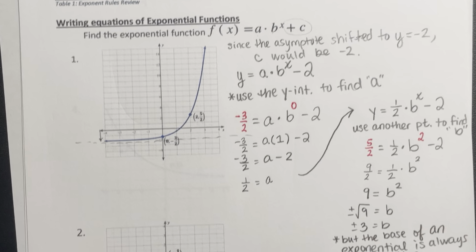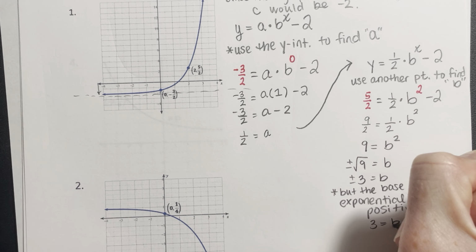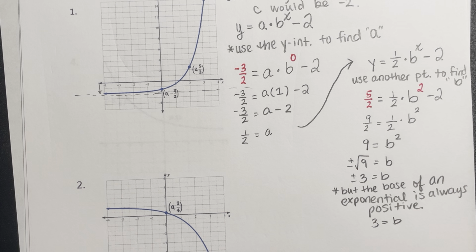Okay, so the base of an exponential is always positive, which means b is 3, and we write our overall function.